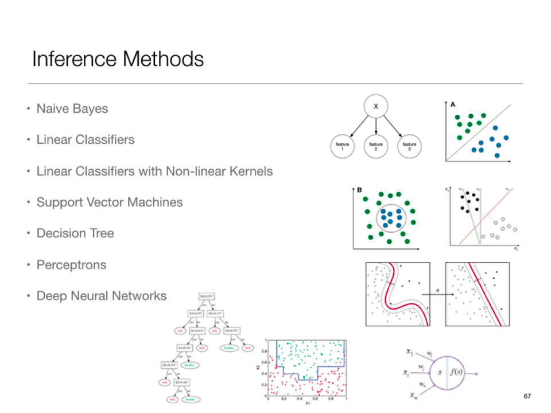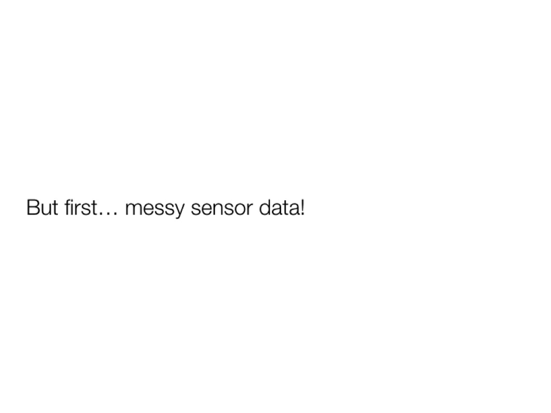But before you apply these inference methods, a challenge you also face is that the underlying sensor data we start out with is often quite messy. So you can't just compute the feature vectors, or in the case of neural networks, feed the data directly.